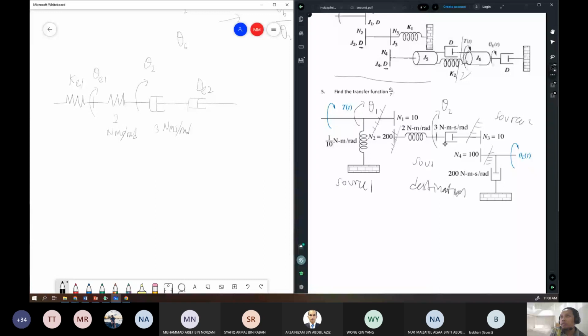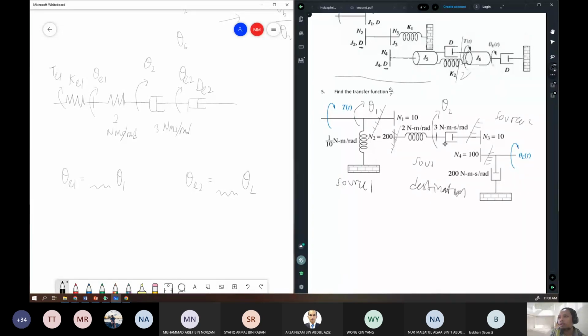So for theta equivalent 1, you have to do something times theta 1. And then the third section here, theta equivalent number 2, similar to theta 1, you have to do something times theta L. On theta equivalent 1, you have torque equivalent 1.